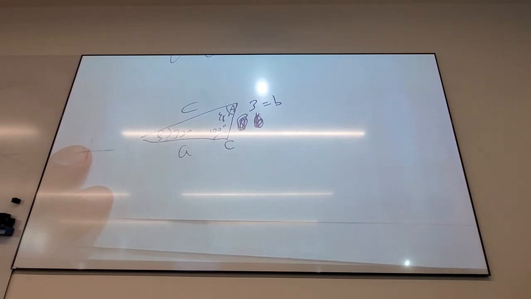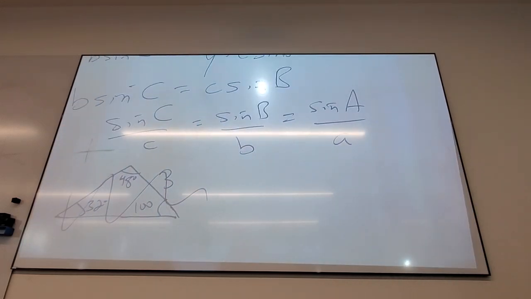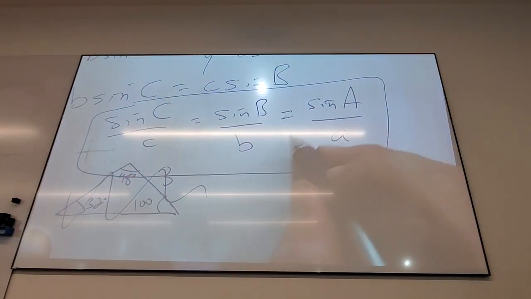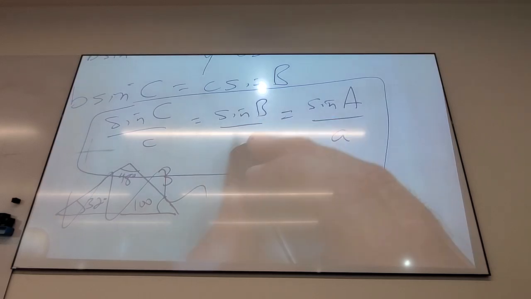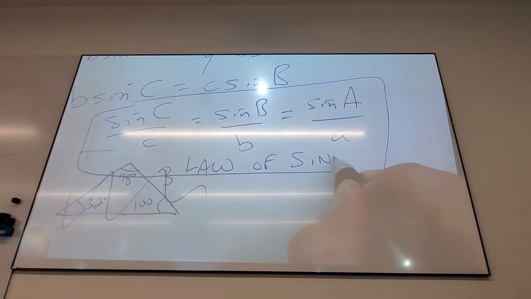Okay. So now, riddle me this. What tells me I will not always be able to use this? And by the way, Jeff, does this thing have a name? Yes. Law of sines. You ready for this amazing name? Law of sines.